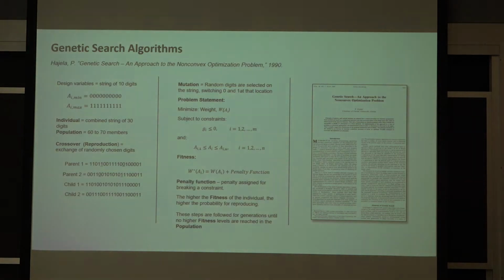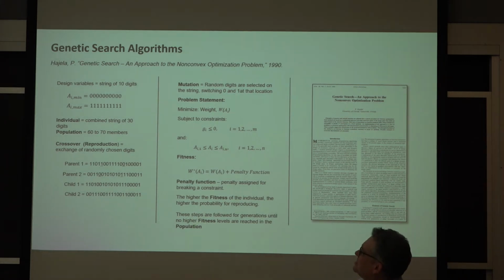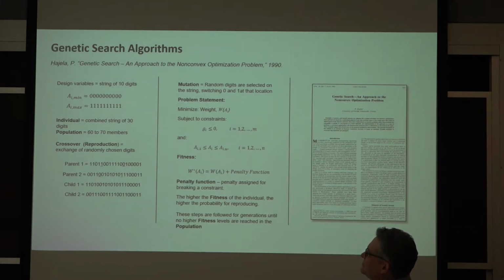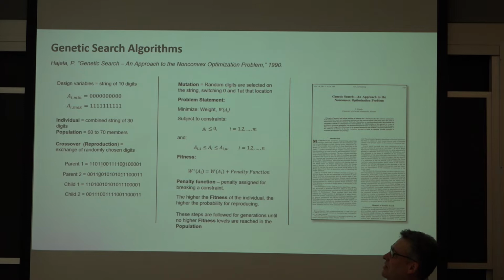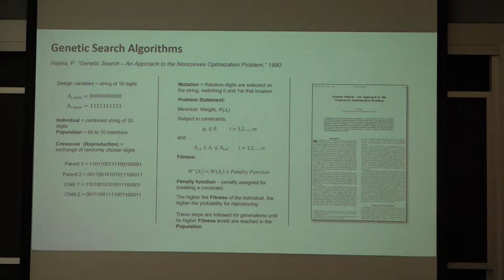And he used a much more complex example than what I just showed you. He used chromosomes that were maybe 30 digits long, so much more complex. He seeded the design space with several parents, a huge population, and then began that same algorithm again, and used minimum weight as the fitness.